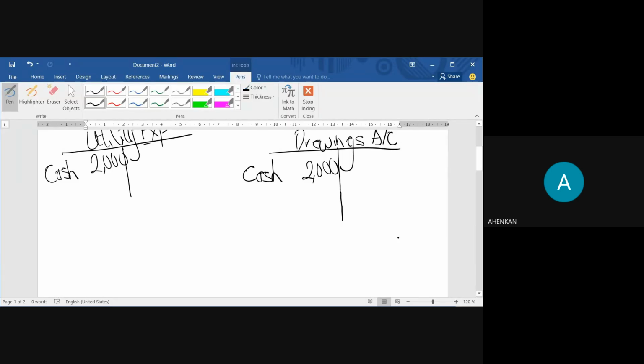The business acquired plants and machinery from IPMC at a cost of 20,000 Ghana cedis. Plants and machinery. Do we have an account like that? We don't have.